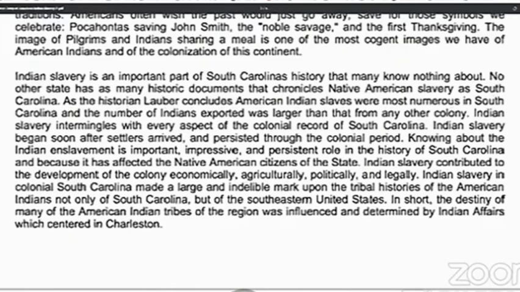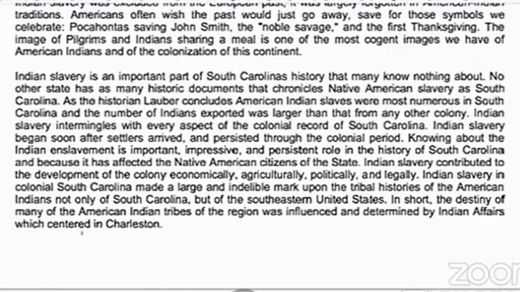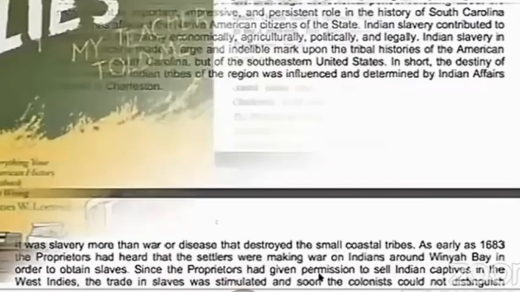Indian slavery in colonial South Carolina made a large and indelible mark upon the tribal histories of the American Indians, not only of South Carolina, but of the southeastern United States. In short, the destiny of many of the American Indian tribes of the region was influenced and determined by Indian affairs, which centered in Charlestown.